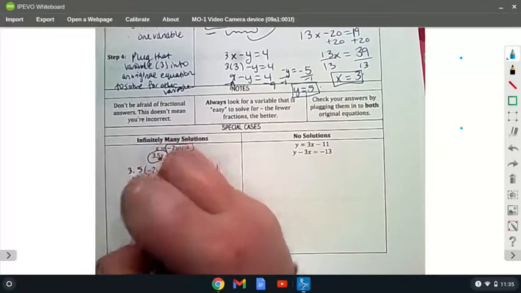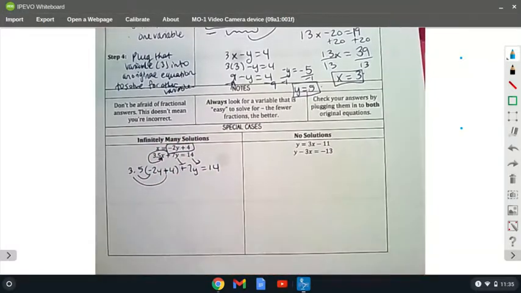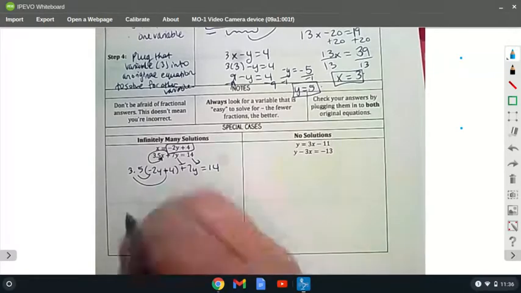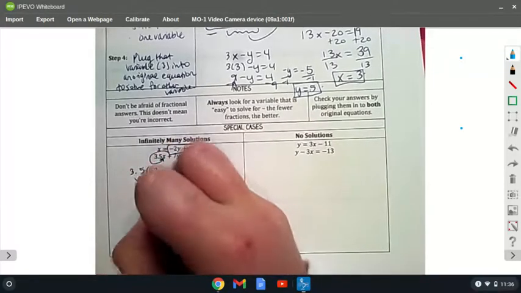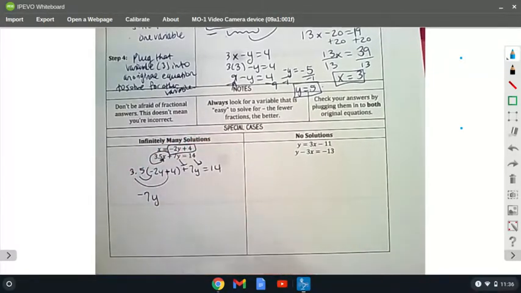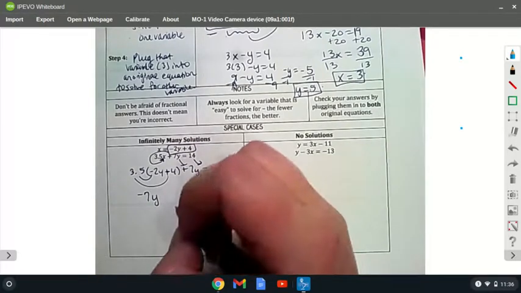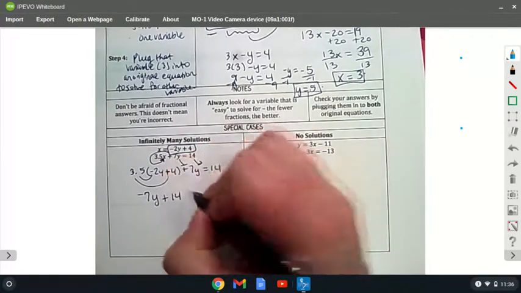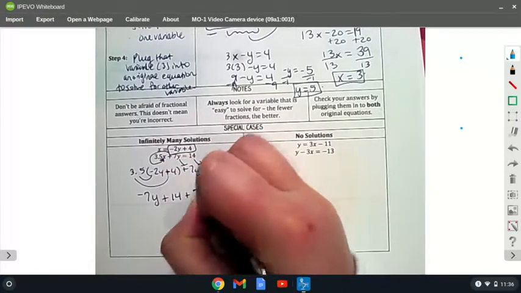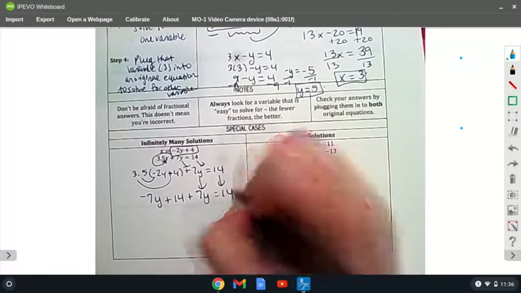I'm going to distribute this 3.5. And we have a decimal here, so it's okay to use a calculator. So 3.5 times 2 is going to give me negative 7y, because that 2 is negative. And then 3.5 times 4 is going to give me 14. I'm bringing down the 7y and the 14 again.